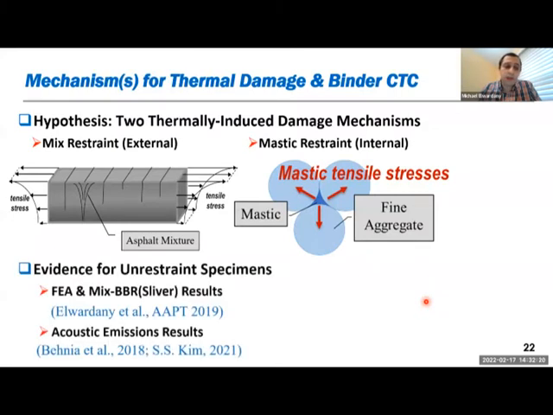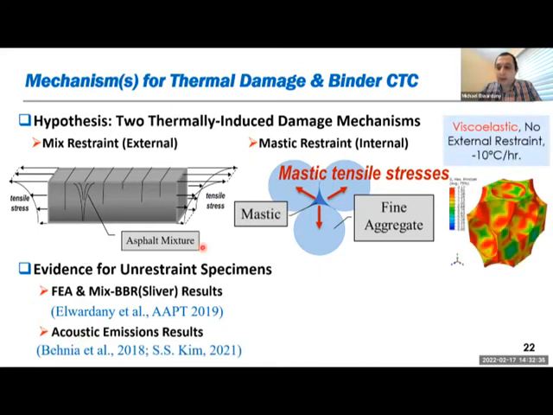So this was published, and we have discussed this using finite element analysis and mixed BBR specimens. It was also presented by Sang-Soo Kim and Behnia using acoustic emissions and other test methods.